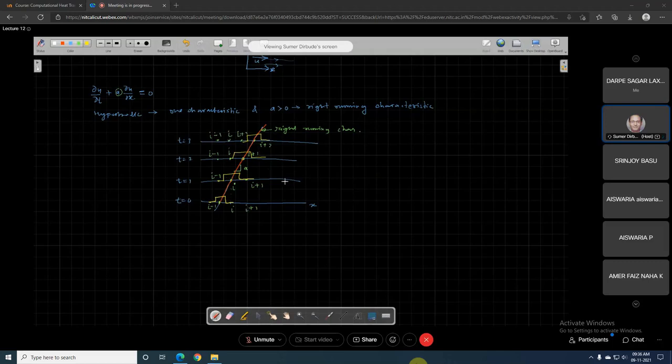The solution moves along the characteristics.